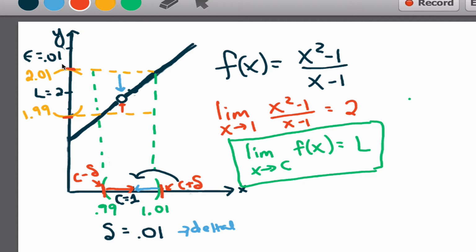Epsilon is 0.01. Therefore, we could add epsilon to our limit. That is, we could add 0.01 to 2 to get 2.01. This always works. We'll denote this endpoint of the interval by L plus epsilon. In the same way, we can subtract 0.01 from 2 in order to get 1.99. So this endpoint of the interval would be the same as L minus epsilon.